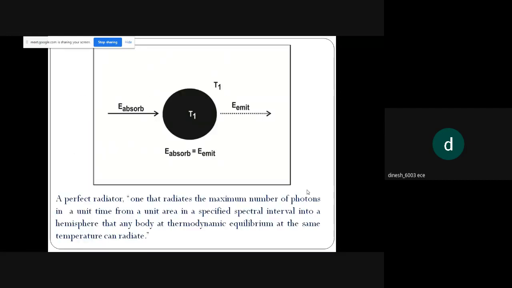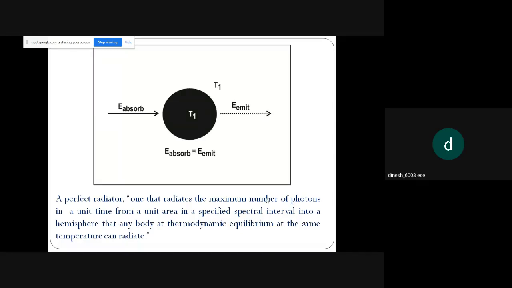If there is an object T1 and some energy is falling on T1, and that object emits everything whatever it gets, E absorbed is equal to E emitted. If that is the case, it is called a perfect radiator.